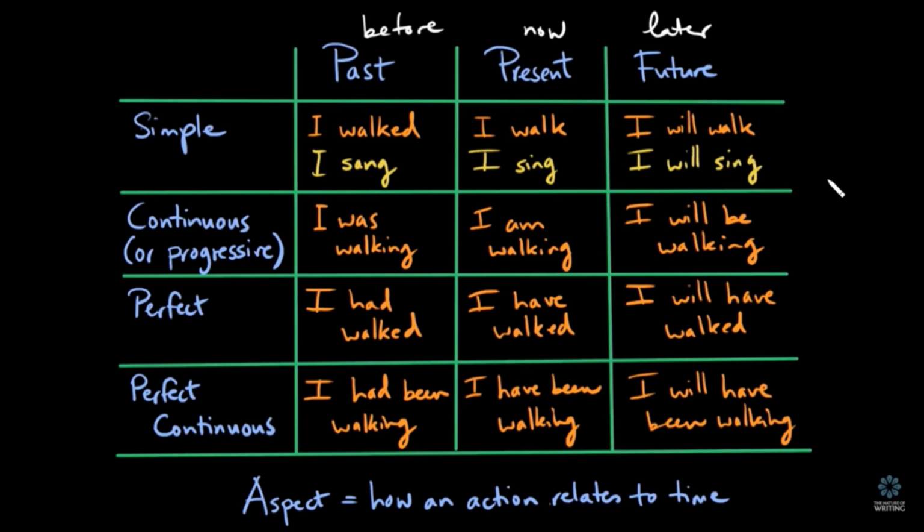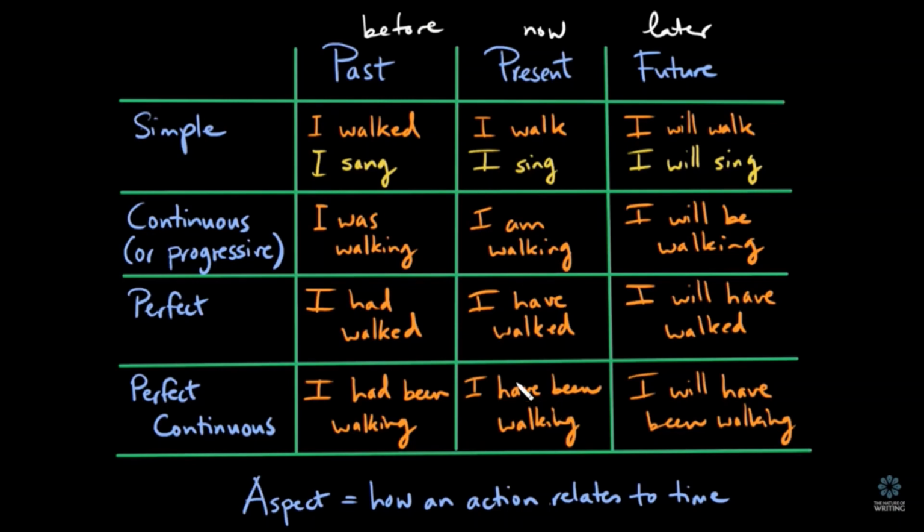I haven't conjugated the yellow verb, the irregular verb here, fully, but I think you can go through it and use the same pattern as I walk and see how it might be similar or different. So, the continuous would be I was singing, I am singing, and so on.